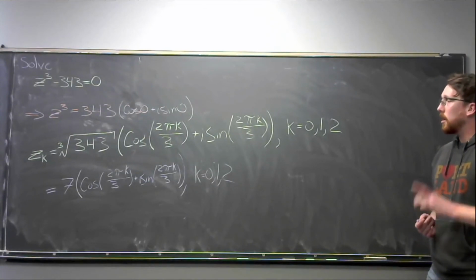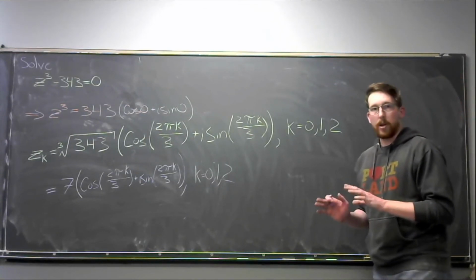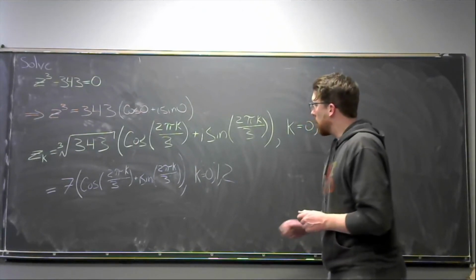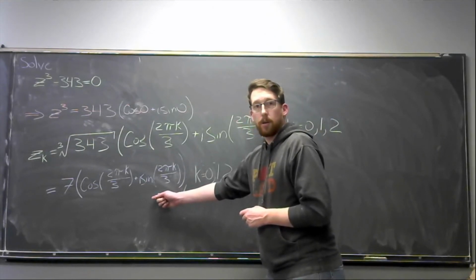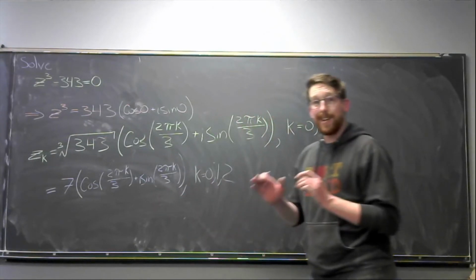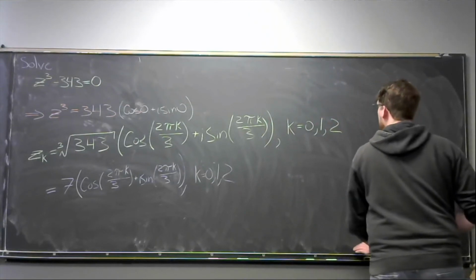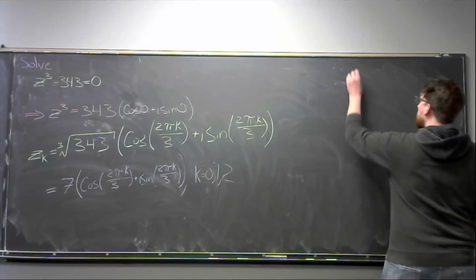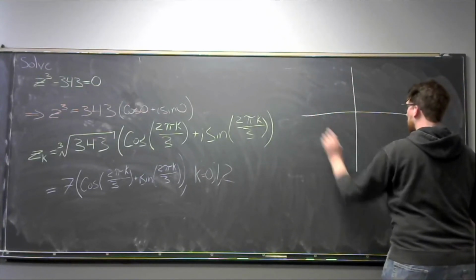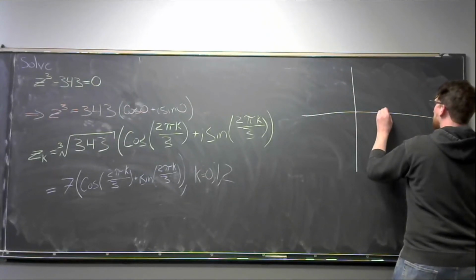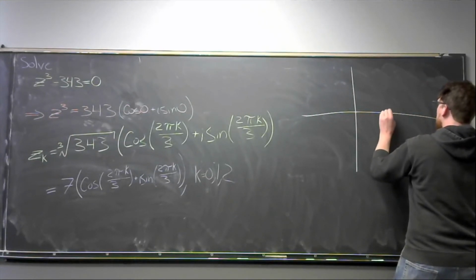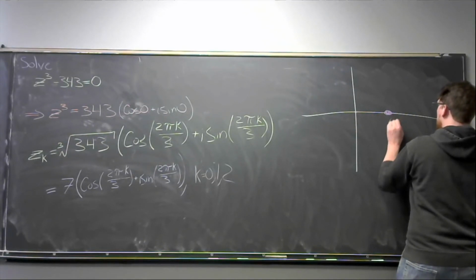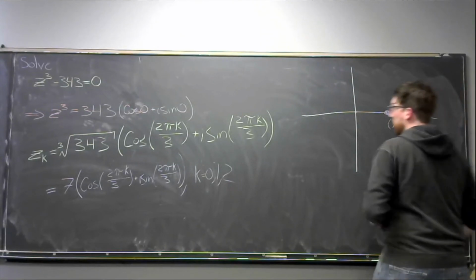Having said that, I want to point something out here, something particularly important. Notice if we were to plot all of our answers onto a circle of radius 7, notice what happens where they lie. Our first answer is here, at (7, 0).